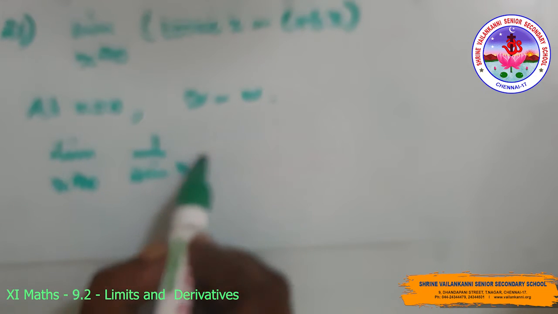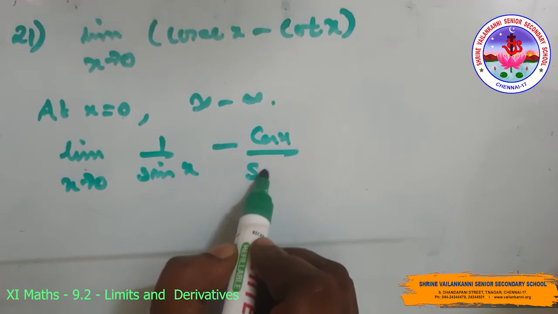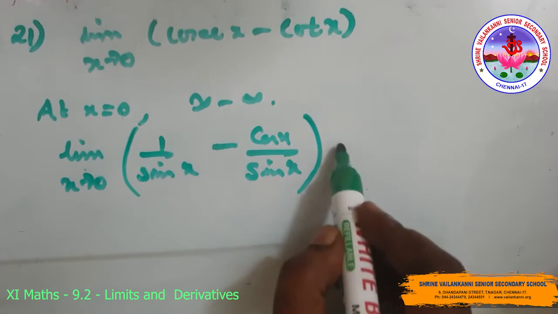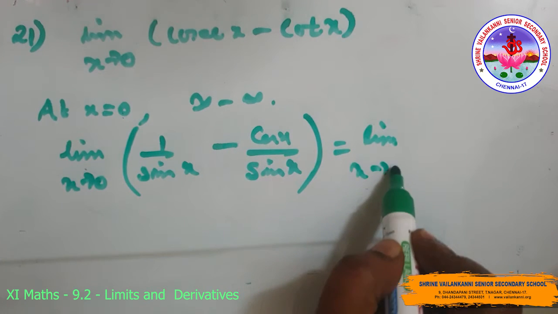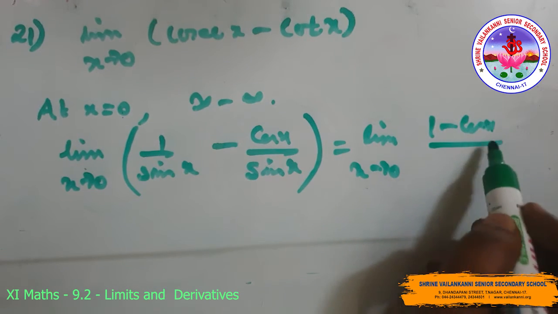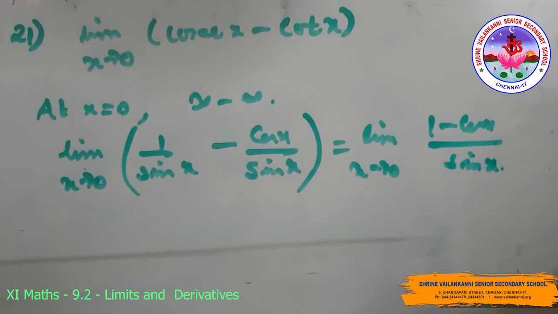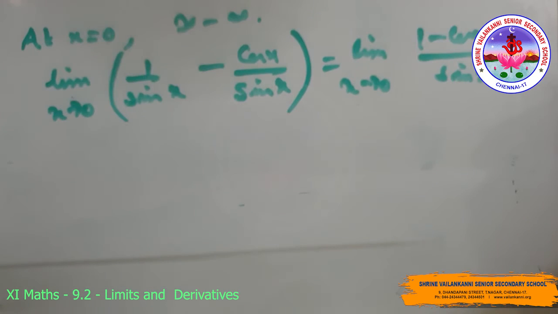1 by sin x minus cos x by sin x. So we get limit x tends to 0, 1 minus cos x by sin x. Divide the numerator and denominator by x.